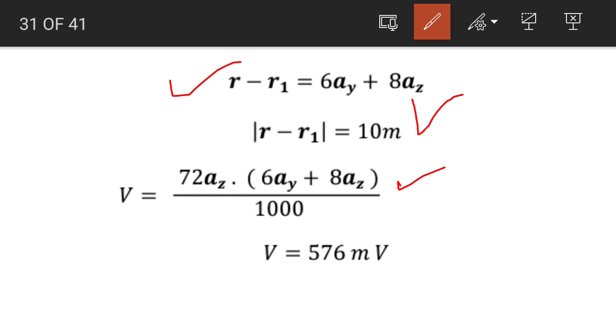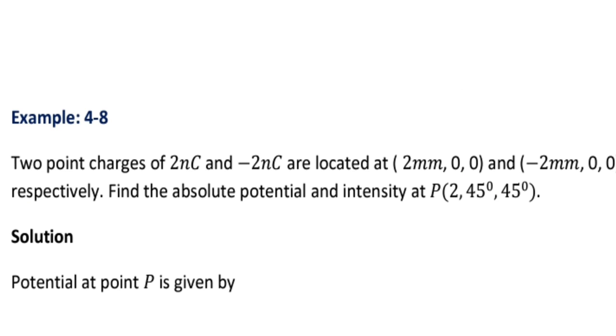And if we simplify this equation, we get 576 millivolt, which is the potential at the given point.